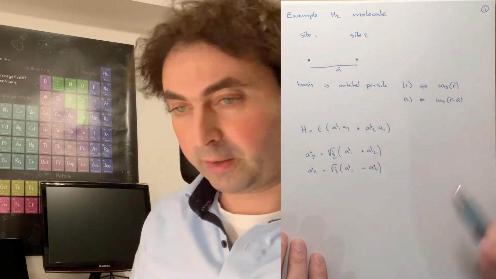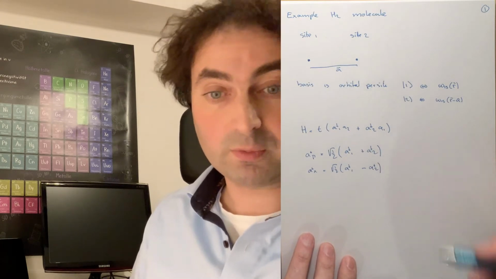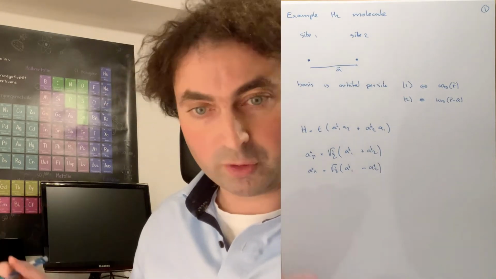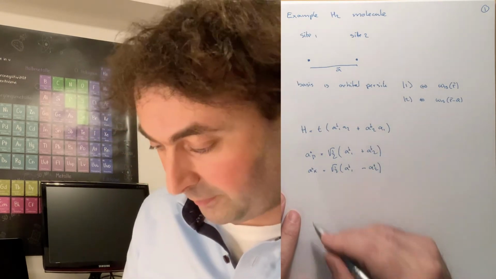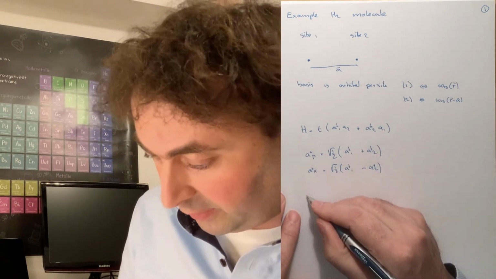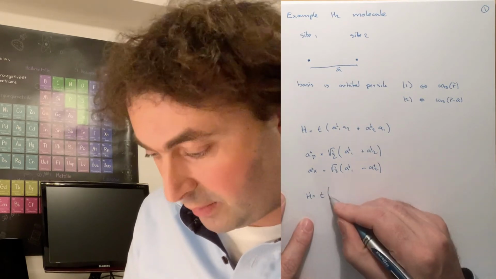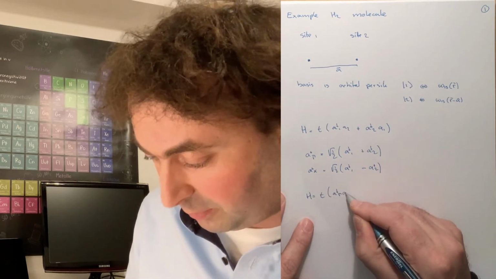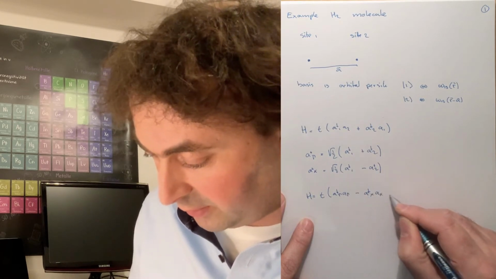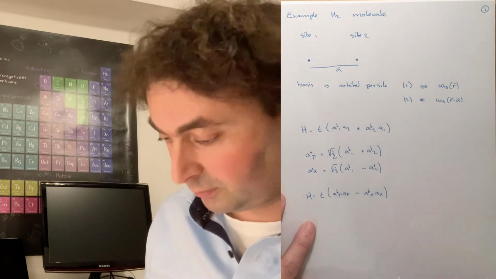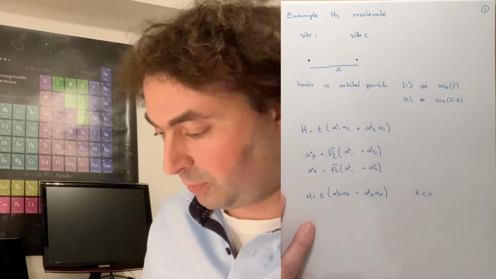If you had 4 particles in a loop, it would be 1, i, minus 1, minus i for the possible phases that we have. So we can also write our Hamiltonian in k space as t times a dagger gamma a gamma minus a dagger x a x. And we know that our hopping matrix amplitude is smaller than 0.